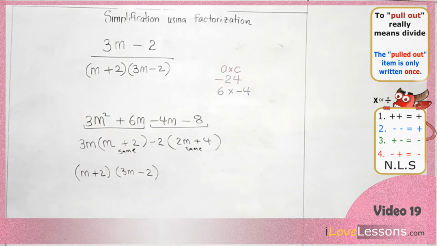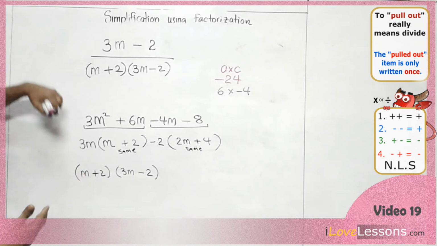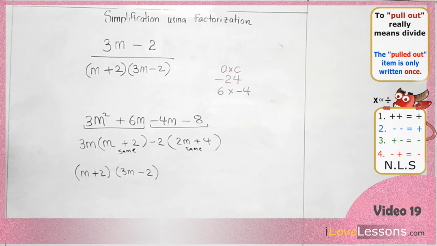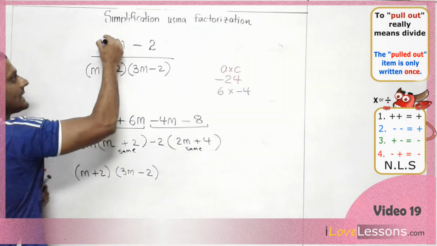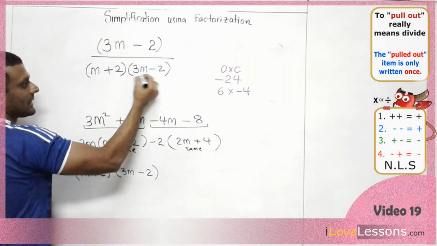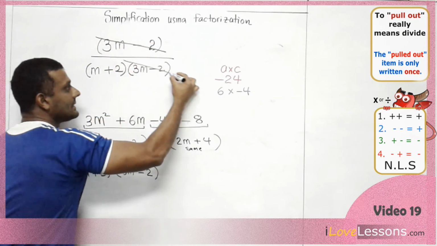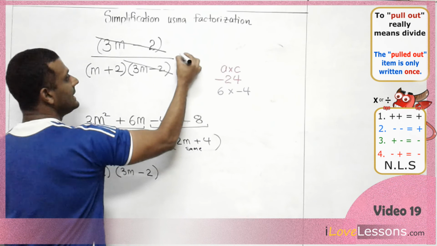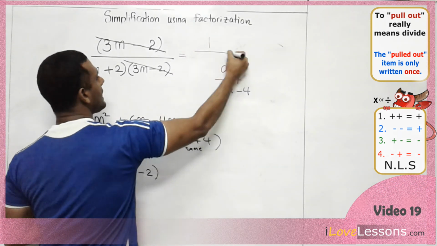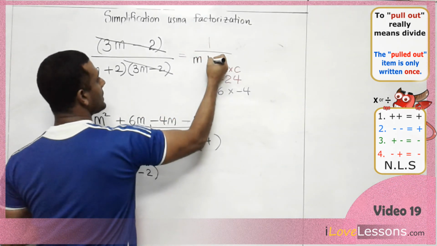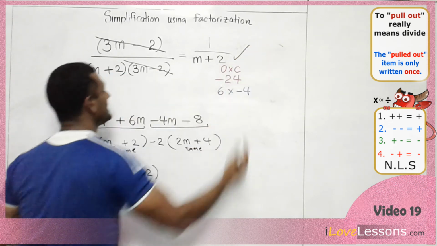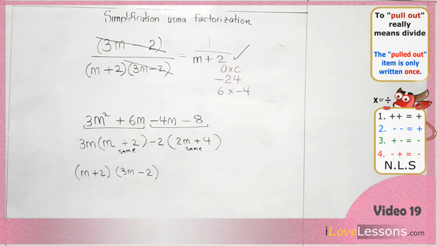So on top and on the underneath, you will see something similar. There's a 3m minus 2 on top and a 3m minus 2 underneath. This and this will cancel out, leaving you with 1 divided by m plus 2. This is my final answer.